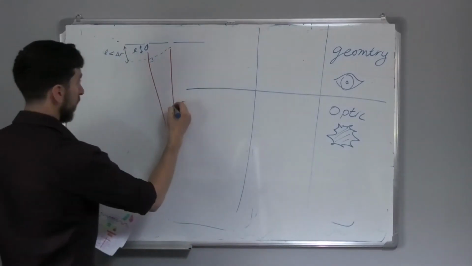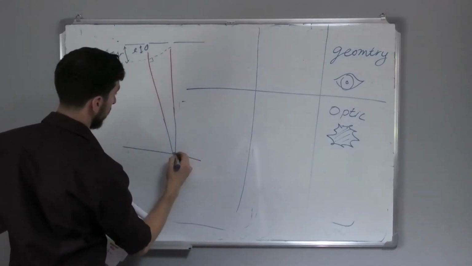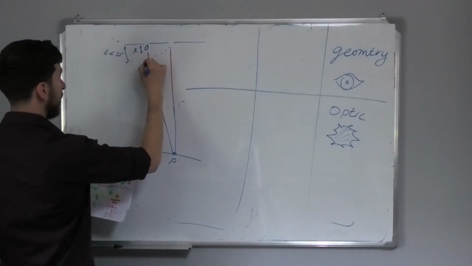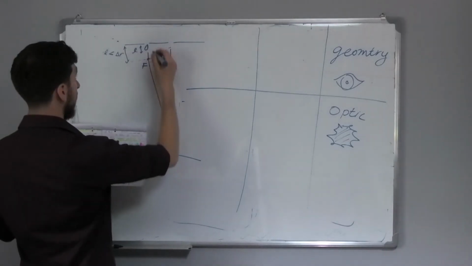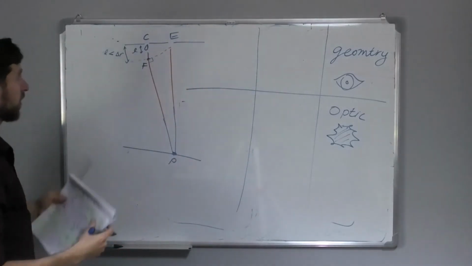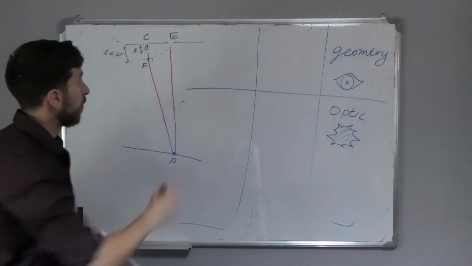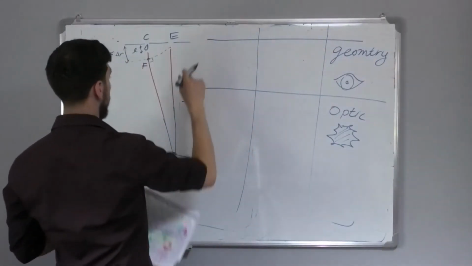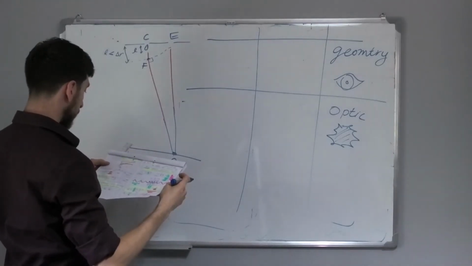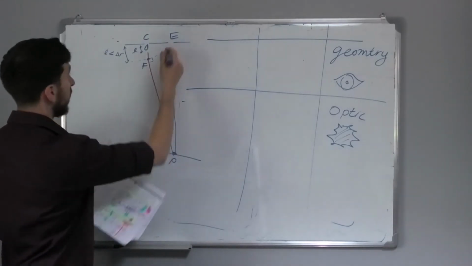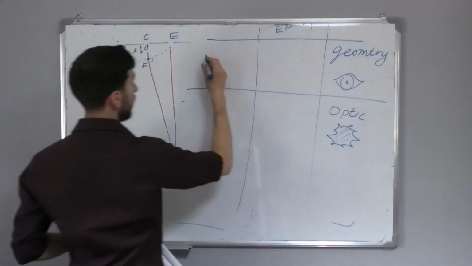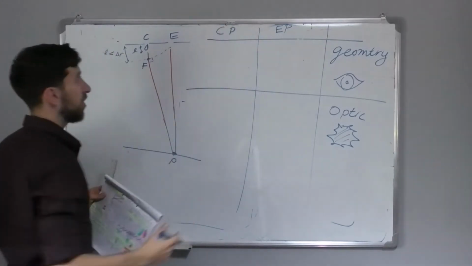Let's give all the points names. If this is the location P, we already gave it P, this is F, this is C, this is E. I want to talk about what is E to P, and what is C to P, what is each distance.